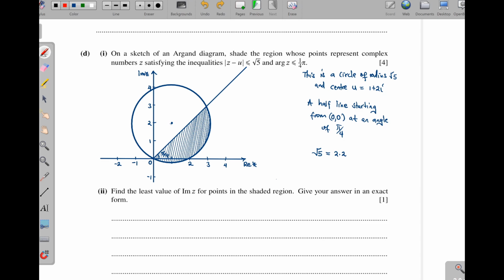Okay. So how do we get that? You just get the y coordinate here. Remember, the y coordinate is this 2 here. Then you subtract the radius from there. So we can say that the least value of the imaginary of Z is equal to the center, then minus the radius of the circle.